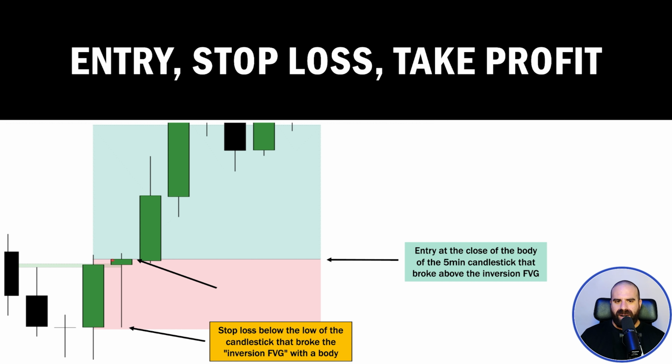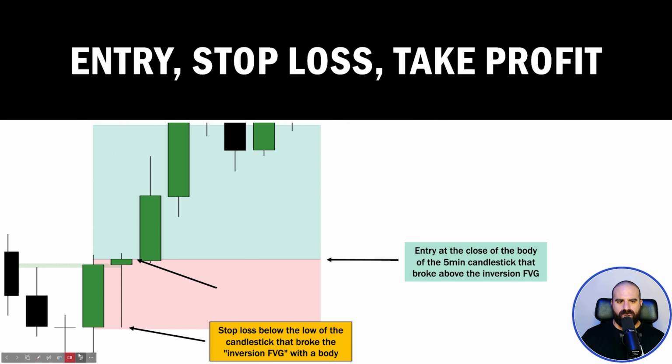So here, where are we entering? We said after the breach of the inversion FVG with a 5-minute candlestick body. So exactly right here is where I have placed my entry. And the stop loss: is it going below the low right here? No, it's not.